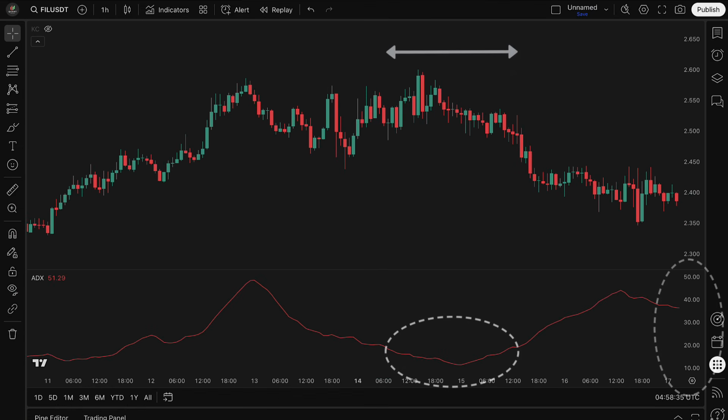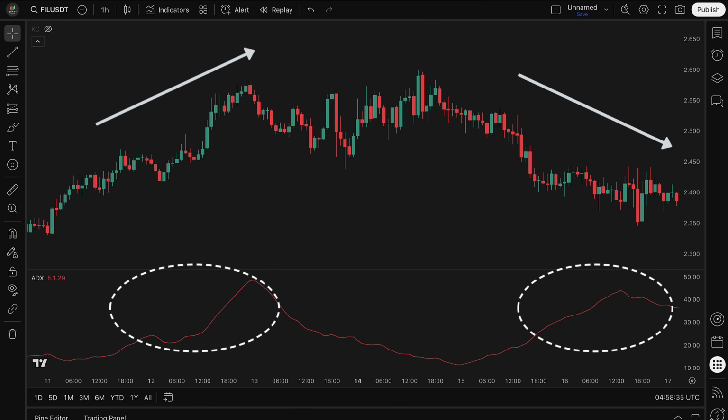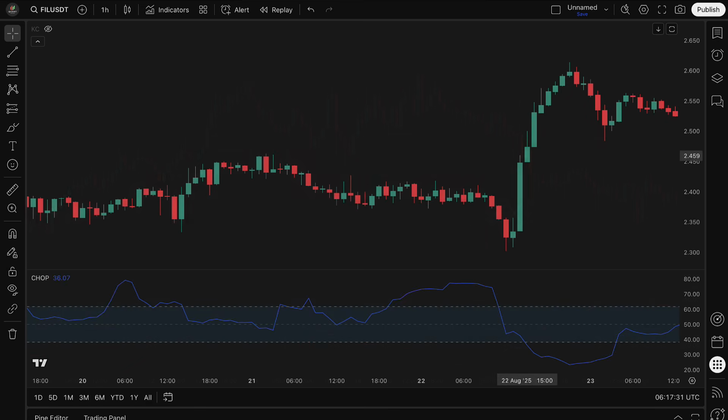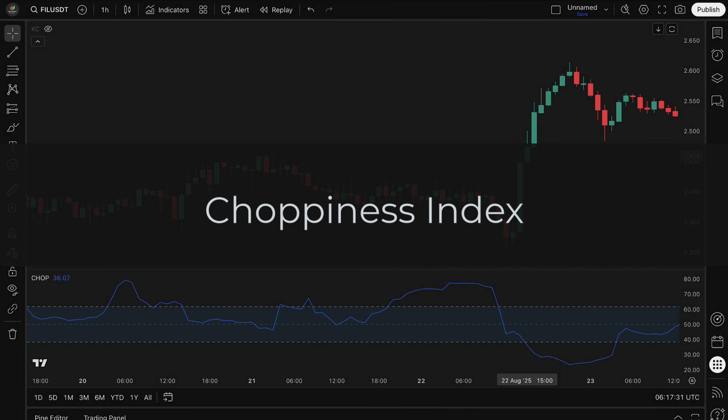A value below 20 suggests a weak trend or a sideways market. A value above 20 indicates a strong trend, whether it's moving upward or downward. By checking the ADX before entering trades, we can confirm that the market is in a meaningful trend. This helps us avoid trading in sideways or choppy conditions, which often produce false signals and reduce the effectiveness of our strategy.